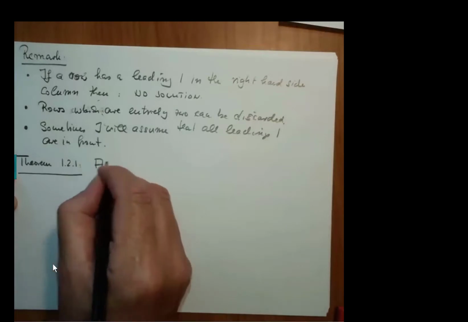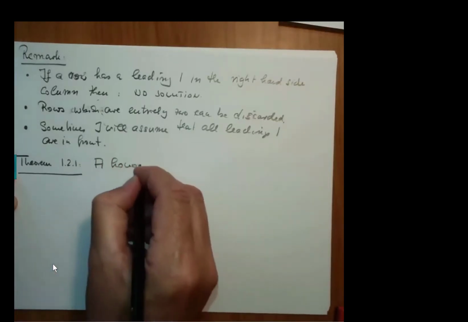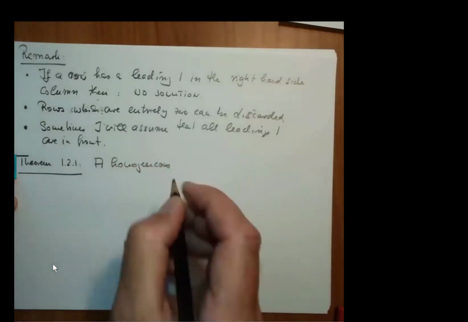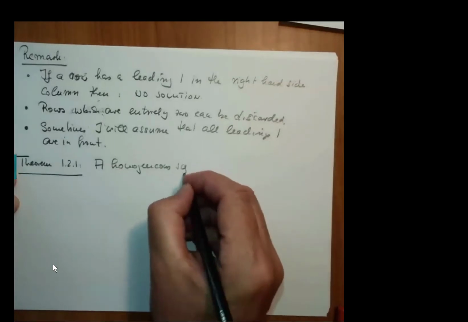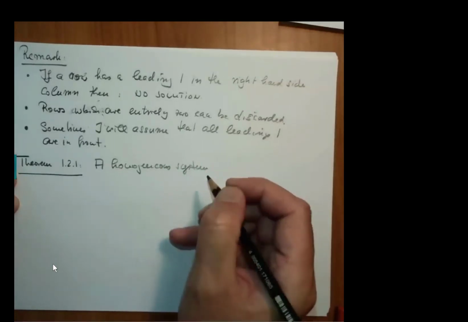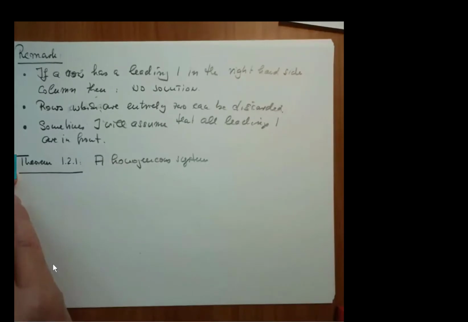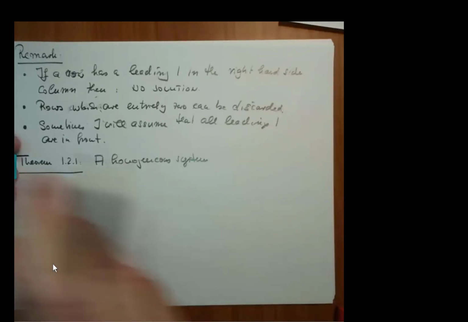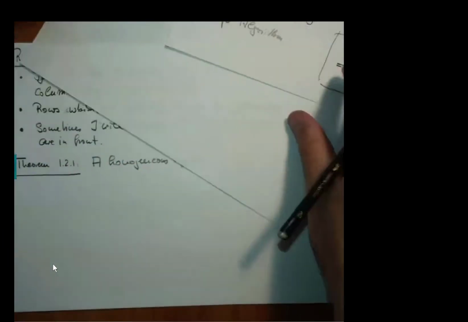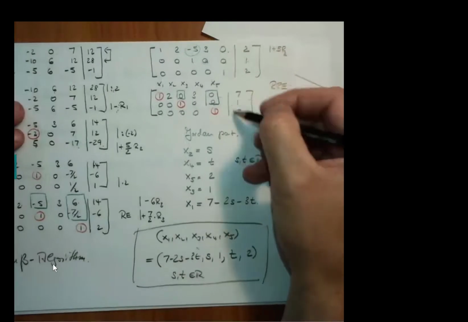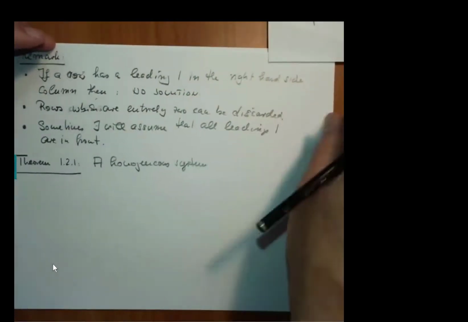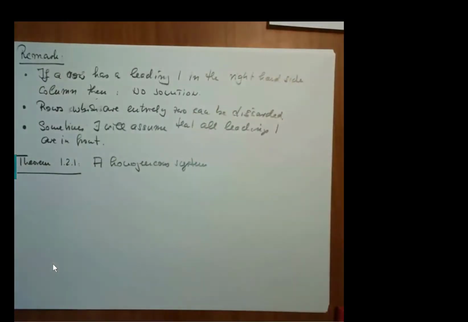So if you have a homogeneous system, can someone tell me what a homogeneous system was again? It has all zeros on the right-hand side. Yes. So in my example here, it would mean everything here is zero. And even if you add rows or multiply, if it's zero at the beginning, it stays zero. So it can never change.